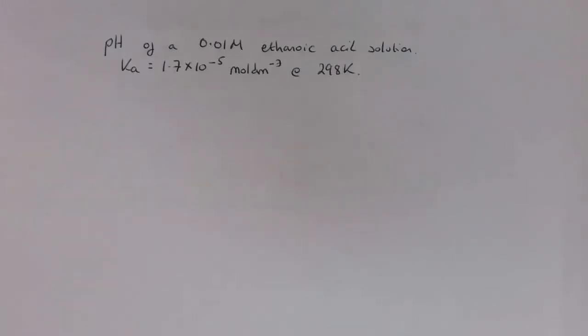So this is the example we have on page 12, and I'm just going to go through it in a bit of detail. So we want to find the pH of a 0.01 molar ethanoic acid solution. We're told that the Ka for ethanoic acid is 1.7 times 10 to the minus 5 at 298 Kelvin.